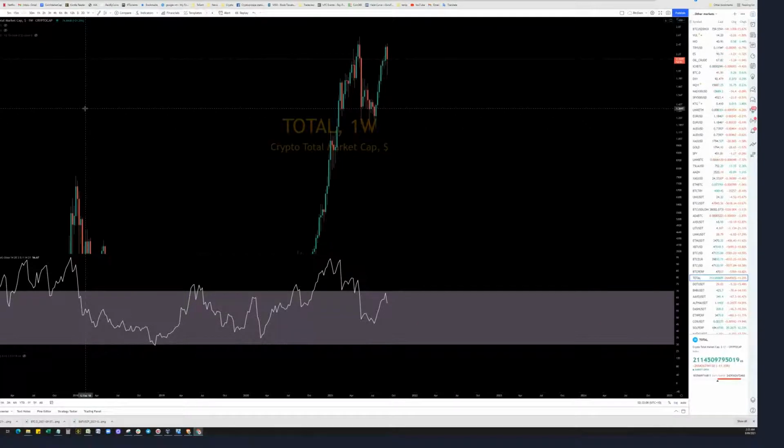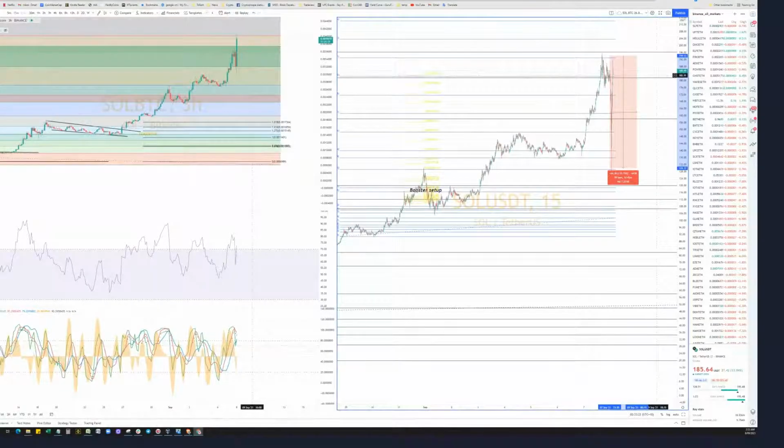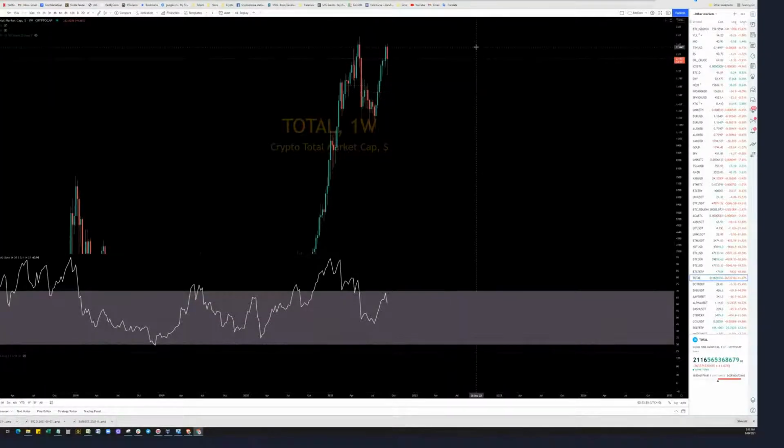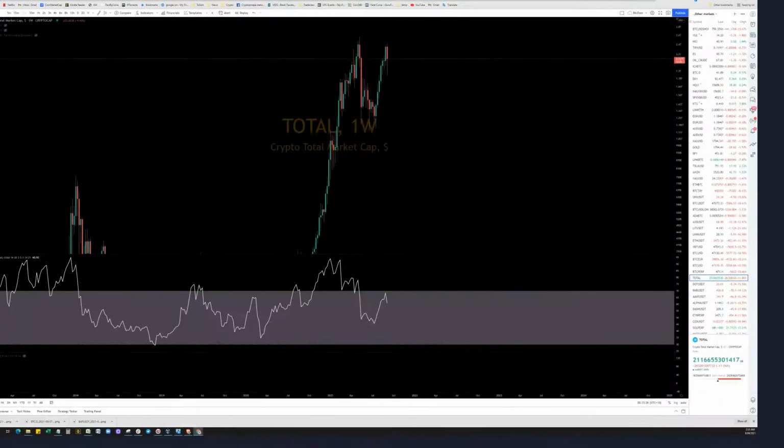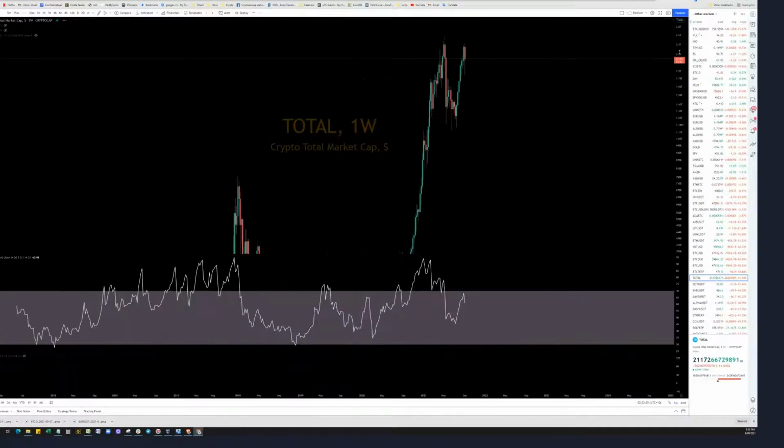Okay, it's not just the US dollar. We thought it could be many things. Total market cap. I'm just going to move this. Give me a sec. So now let's look at that.